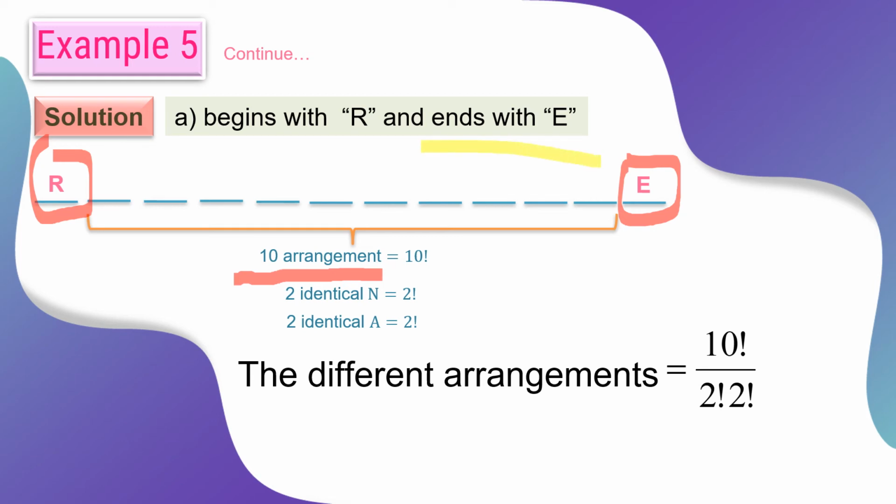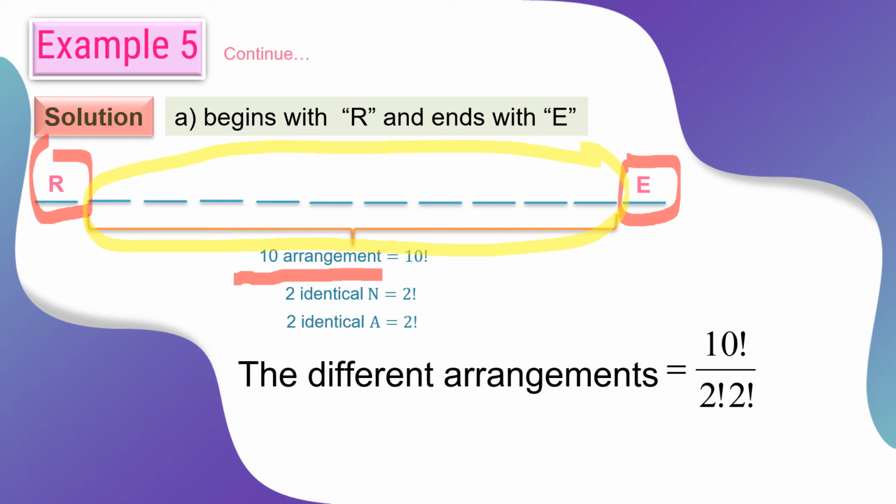We just calculate inside, between R and E, because we specified must start with R and end with E. So if you want to put 1 times 10 factorial divided by 2 factorial divided by 2 factorial times 1, okay. If you want to write it down like this, 10 factorial divided by 2 factorial divided by 2 factorial, still okay.